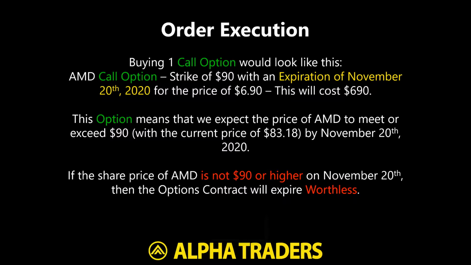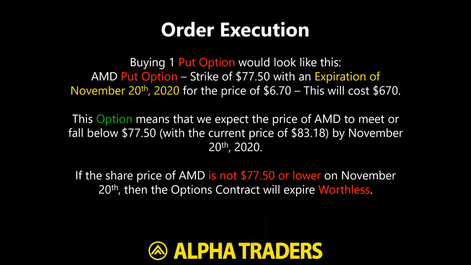If the share price of AMD is not $90 or higher on November 20th, then the options contract will expire worthless. That $690 you put in there would eventually be considered $0. It would be absolutely worthless if AMD did not meet or exceed your strike of $90.